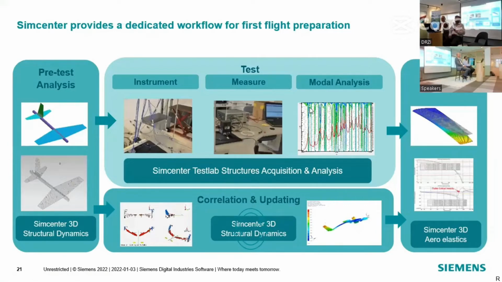This is where we use the physical test. No matter how good we develop the product, before we go for the certification process, it's a final test to make sure that this product is verified. And this is the place where we use simulation in conjunction with the test. So how is it done?